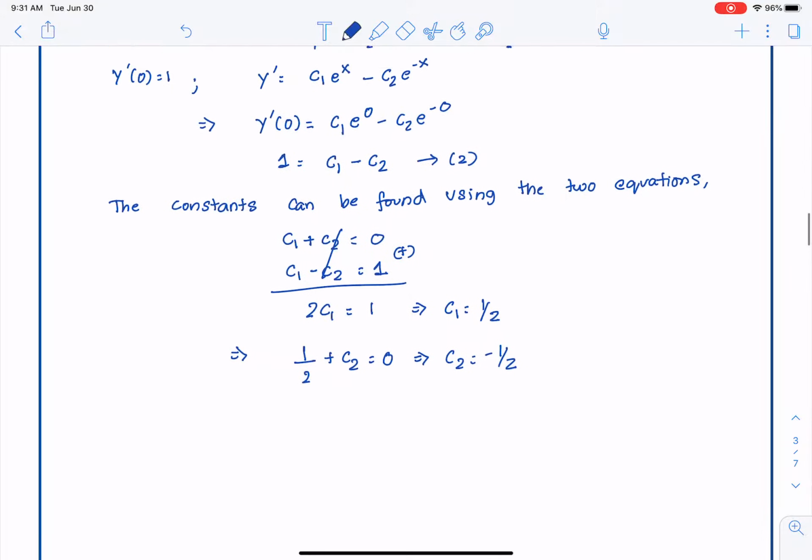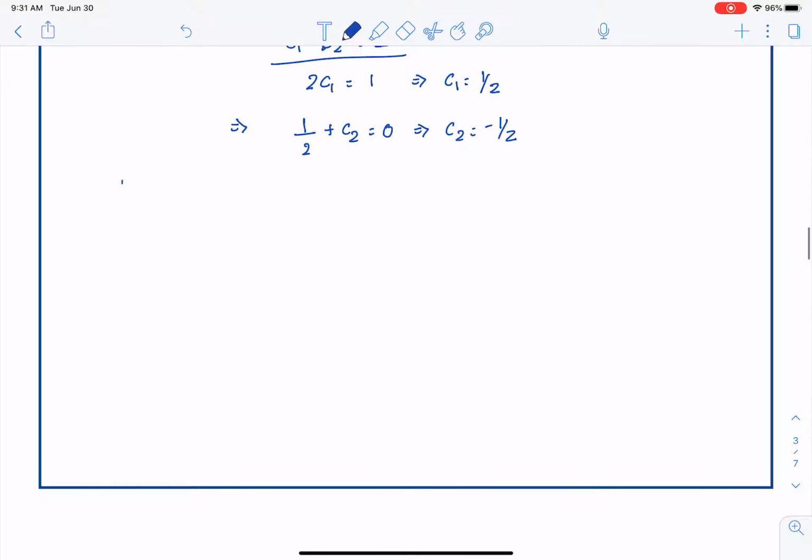Therefore, the solution to the IVP is y, replace c1, I have 1/2 e raised x, replace c2, negative 1/2 e raised negative x. You may leave it as is, or you could pull that 1/2 out and write it this way.